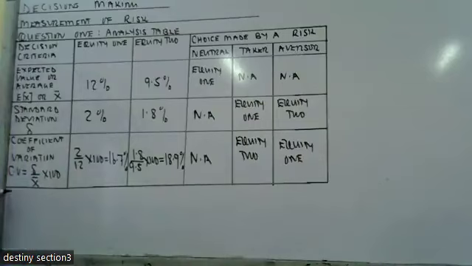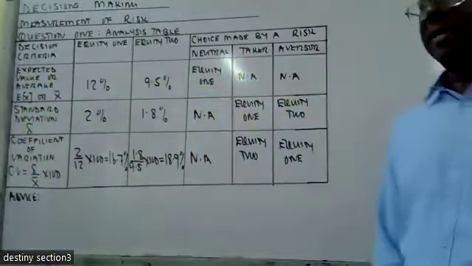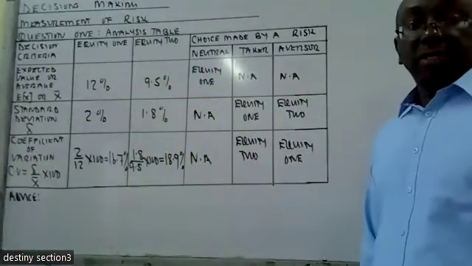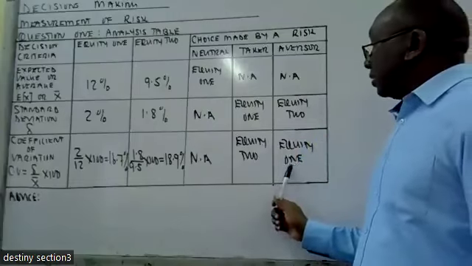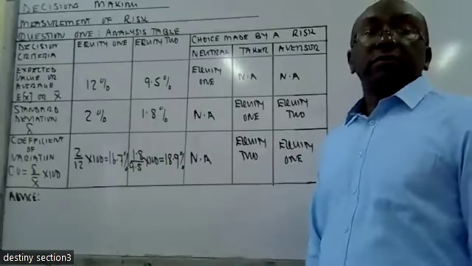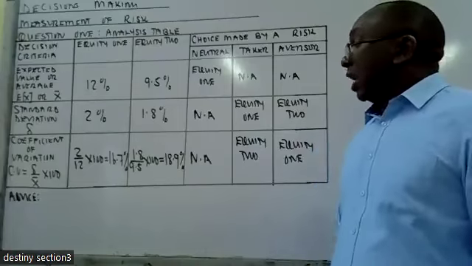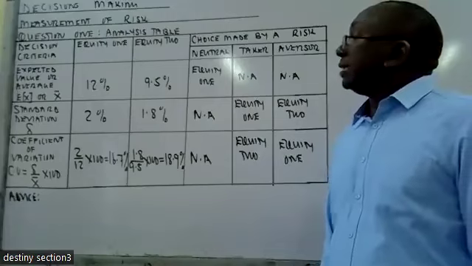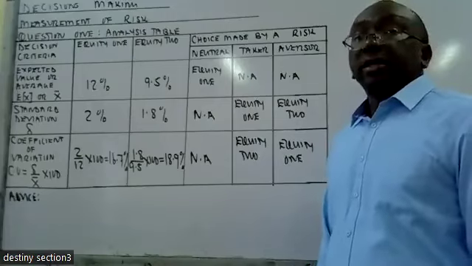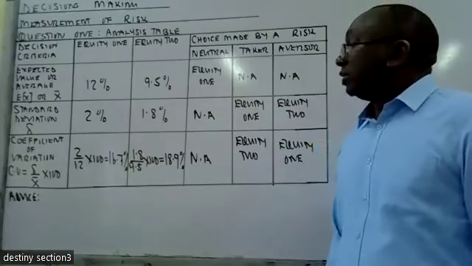So the advice: on the basis of minimizing risk, equity 1 is better since it has a smaller risk according to coefficient of variation.